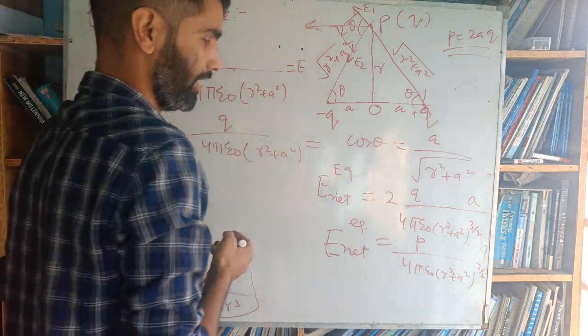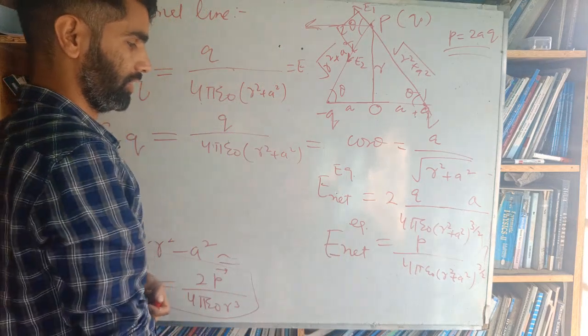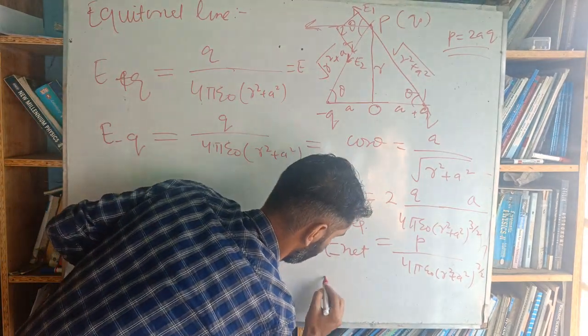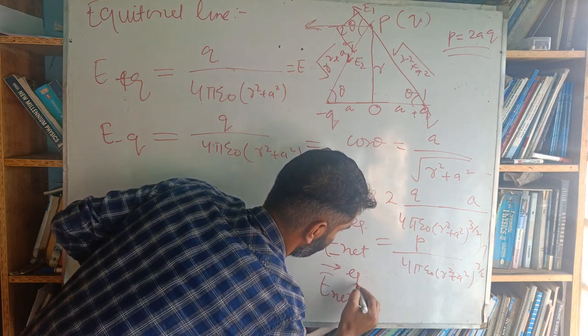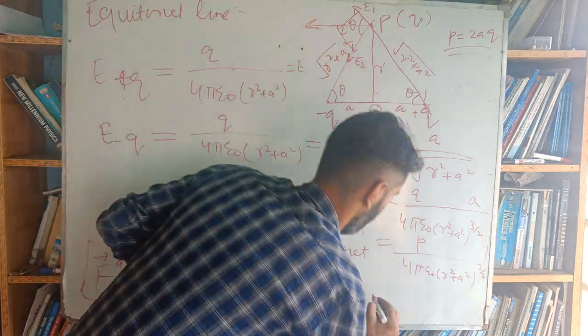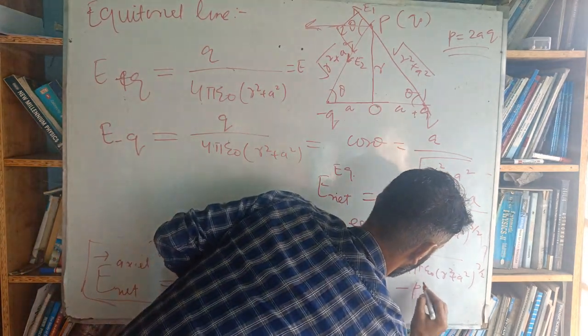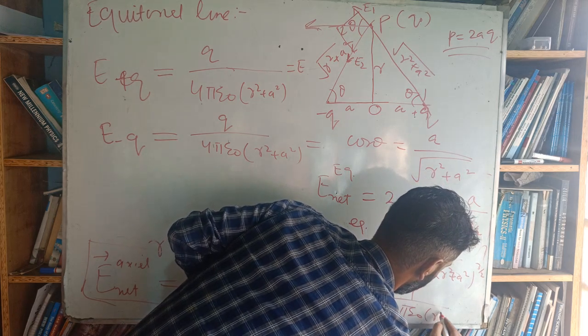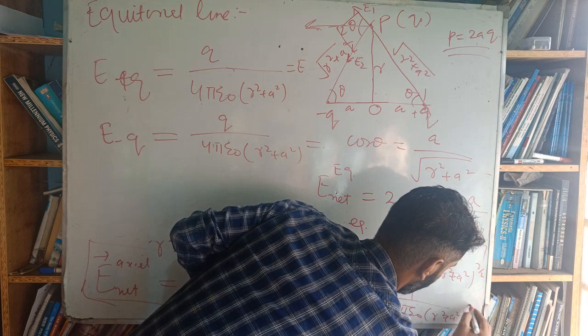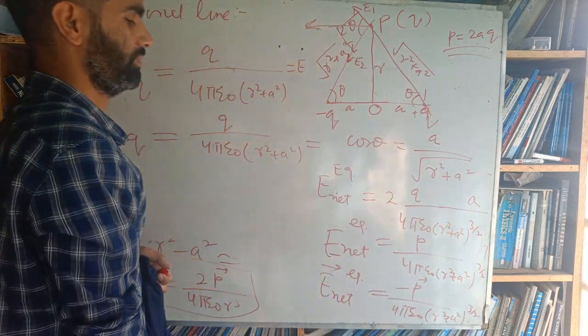If I take the direction, or the vector, what will be this E net equatorial, that is in vector form, it will be minus p over 4 pi epsilon naught r square plus a square to the power 3 over 2. Why minus p?